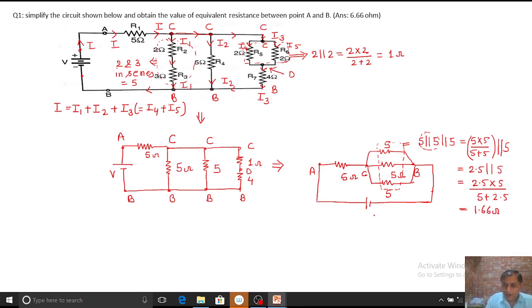Okay, so now solve this. Now draw the figure again. A to C, how much? A to C is 5 ohm, and C to B is 1.66 ohm.